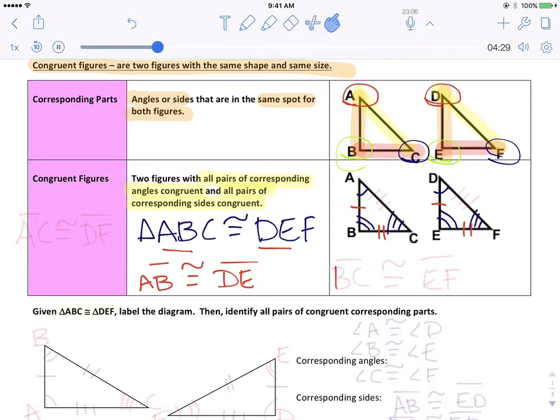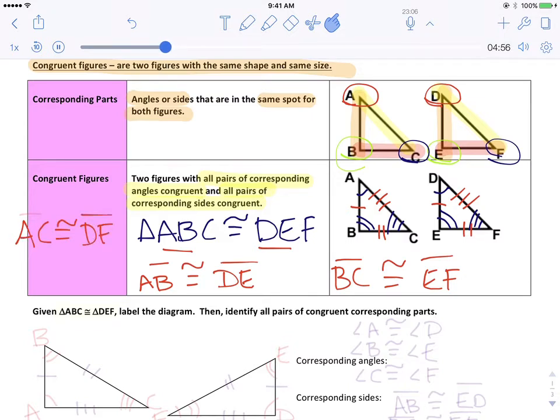So we can write that. BC is congruent to EF. Again, paying close attention to the order in which we are writing those statements. And then the last side that's left, since we know these triangles are congruent, we then know that AC is congruent to DF. We'll write that over here on the side.